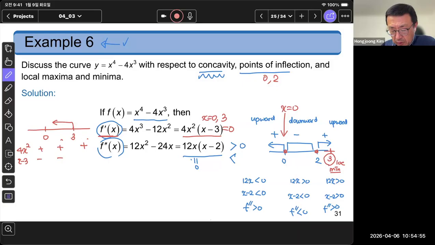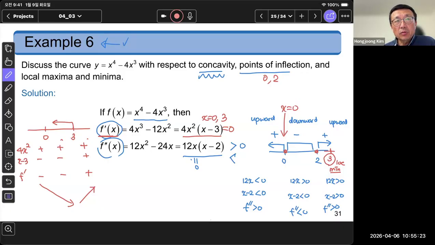To the right, it is positive. Then f prime is the product of these two signs. So f prime will be negative, negative, and positive. So that means my graph is decreasing up to 3 and then increasing beyond 3. So this will be the shape of the graph.